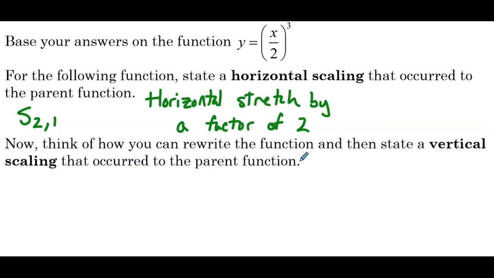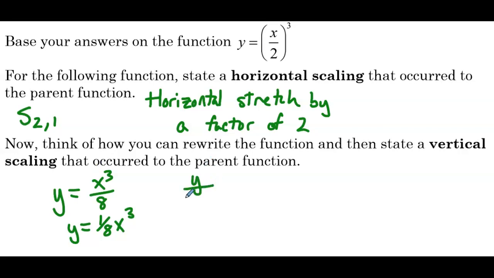Now think of how you can rewrite the function and then state a vertical scaling that occurred to the parent function. Okay, well, rewrite, what do they mean? Well, what if I cube everything? So that would be y equals x cubed over 8. Or y equals 1 over 8 x cubed. Okay, well, now, think of it as vertical scaling.